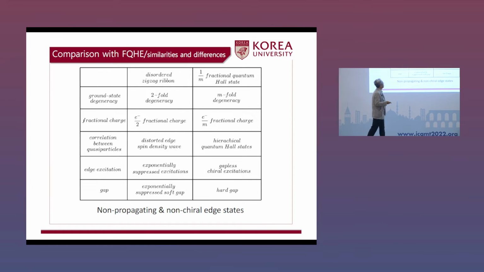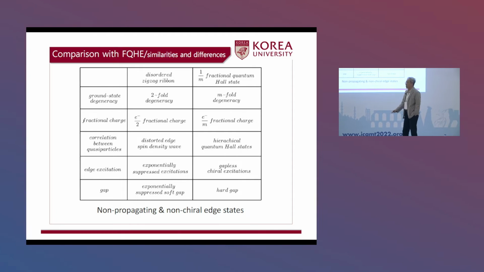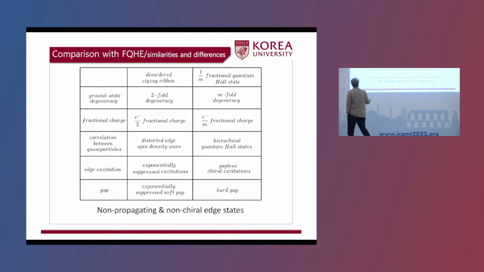Okay, now I'm going to show you two slides that are very crucial in my talk. The rest of my talk are just elaborations of these two slides. So let me compare the properties of disordered zigzag nanoribbon and Laughlin states. There are similarities and differences.